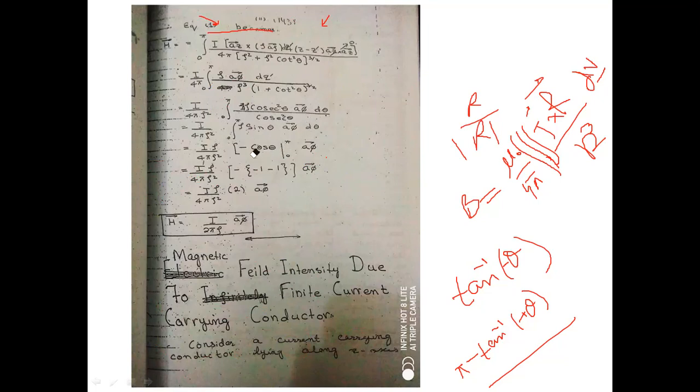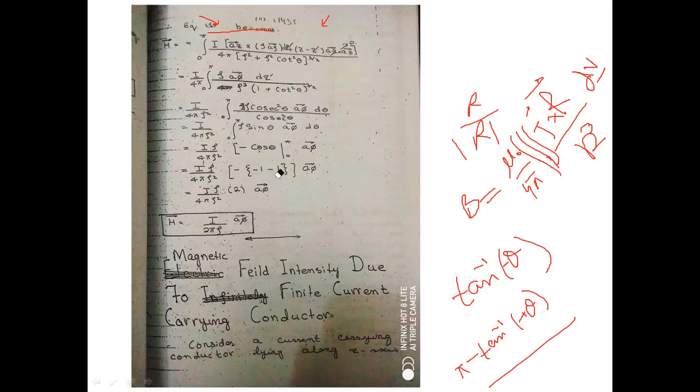Now there is a stage to apply integration. The integration of sine theta will be minus cos theta, putting the limits, upper limit pi, lower limit 0. Cos pi is equal to minus 1, cos 0 is 1.